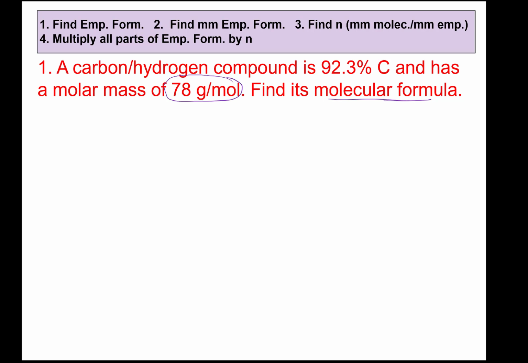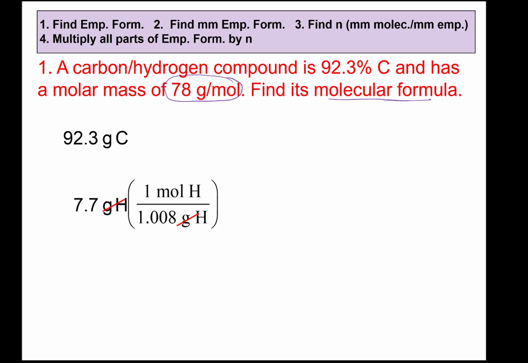So if it's 92.3% carbon and it's only carbon and hydrogen, we know that there's 7.7 grams of hydrogen because our total percent is 100%. So percent to mass, so that's what we have here, 92.3 grams of carbon, 7.7 grams of hydrogen. This is for the empirical formula because we have to find the empirical formula first.